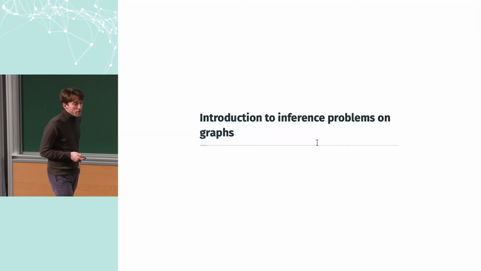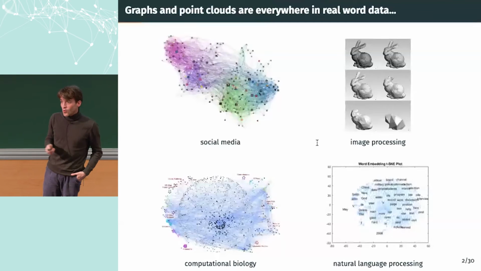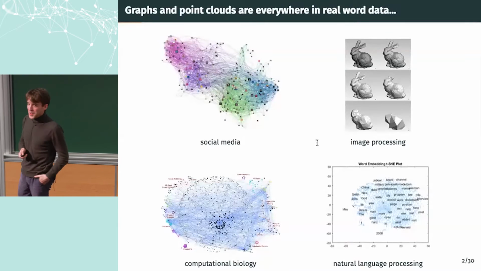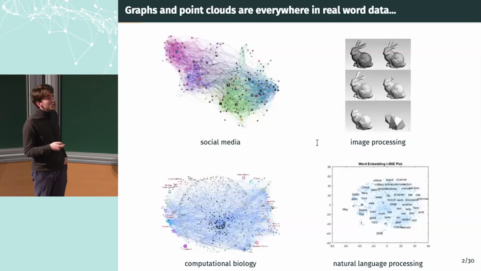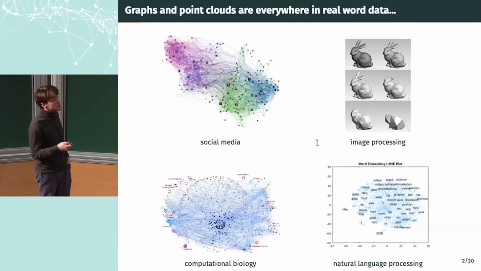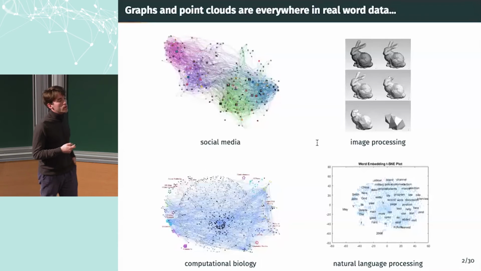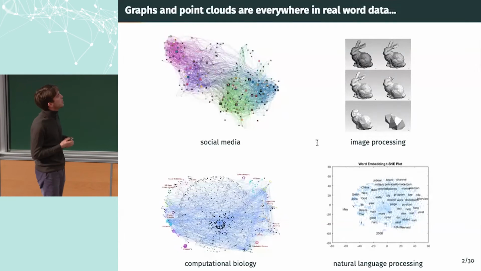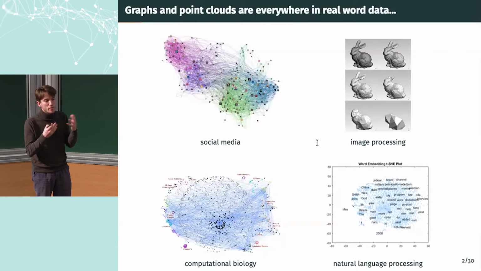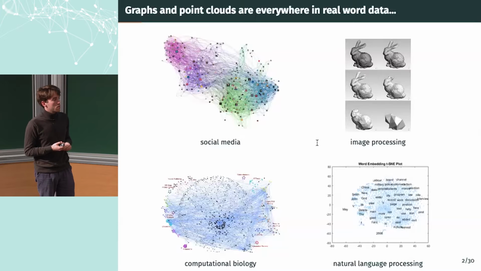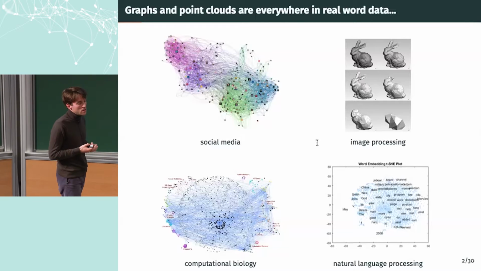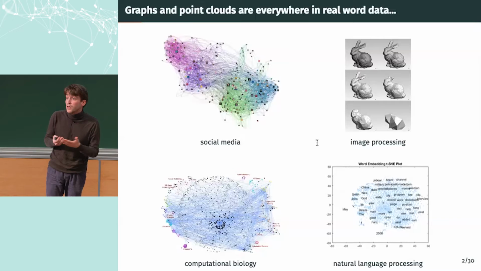Okay, this first slide is just to convince you, if need be, that graphs are ubiquitous in real world data. So graphs and point clouds in this talk will be a little bit the same, because I will call a graph just a set of vertices which can be labeled. You can have coordinates on the vertices, for instance, and some of them are just linked by edges.